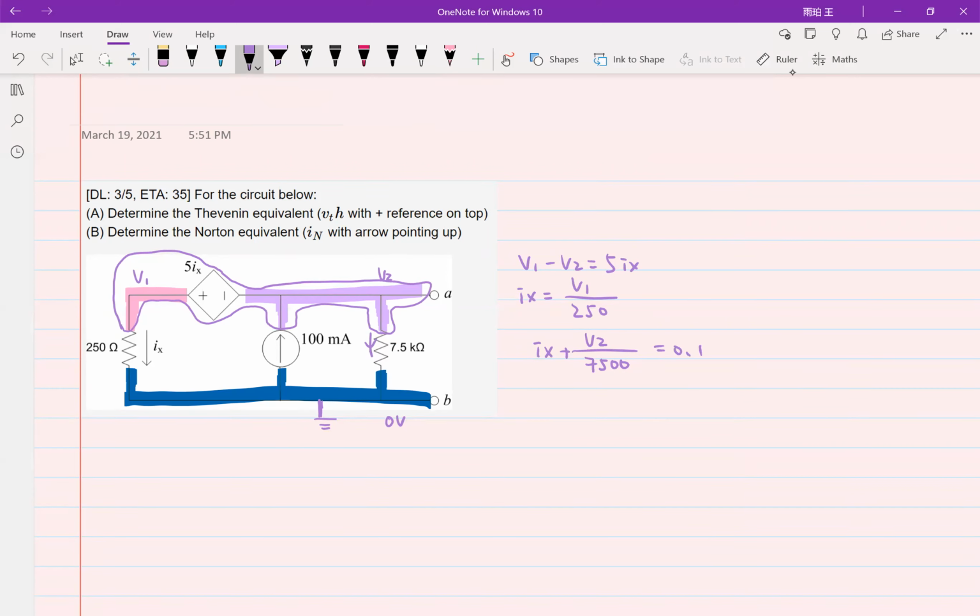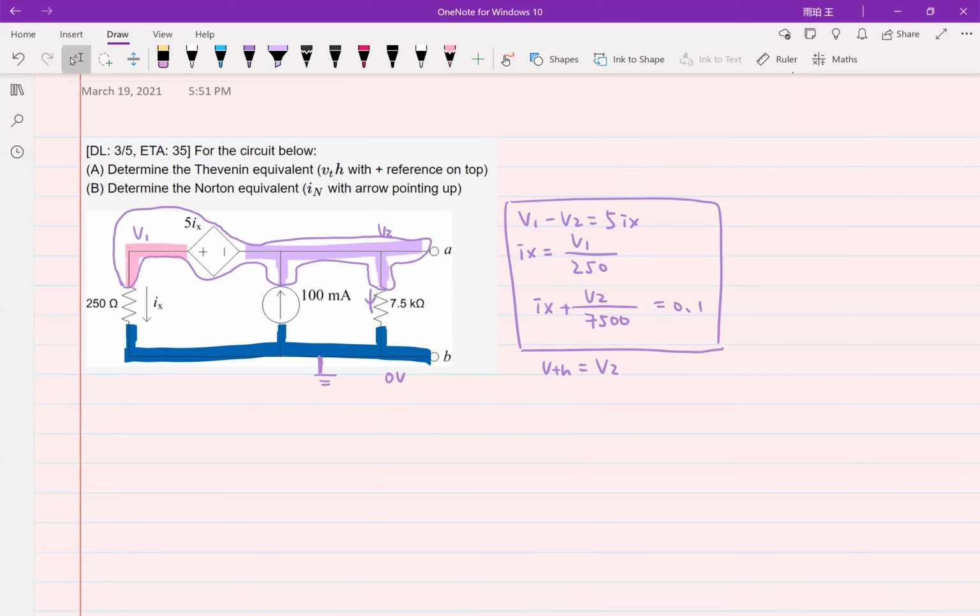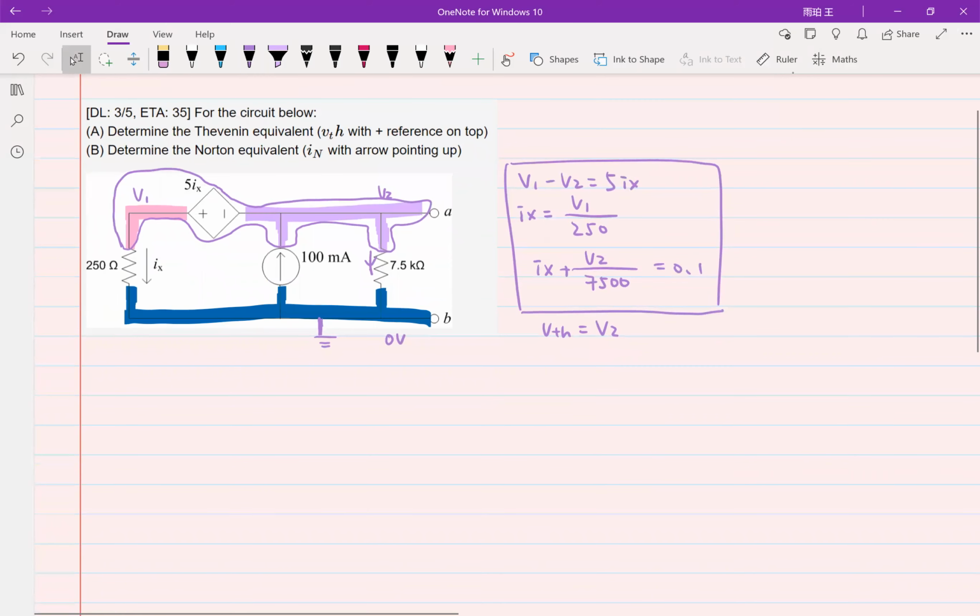So now we have 3 unknowns, V1, V2, and Ix, and we have 3 equations, so we can just solve that and get our V1 and V2. The Thevenin equivalent is just V2 minus 0, because it's the difference between here and here, right? So our answer here would be V2, given that we have solved this matrix. I'm going to post the exact answer later, since it seems like a waste of time to solve this now. Okay, now we can try to solve part B.